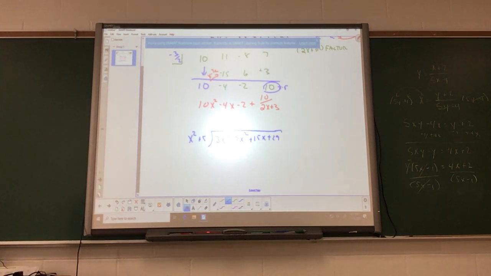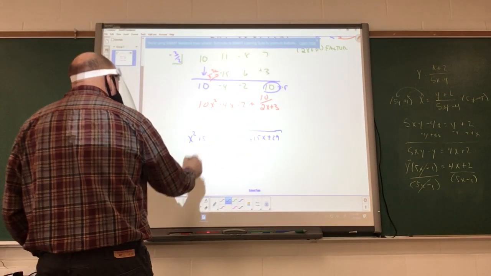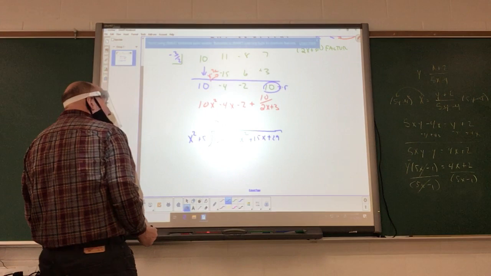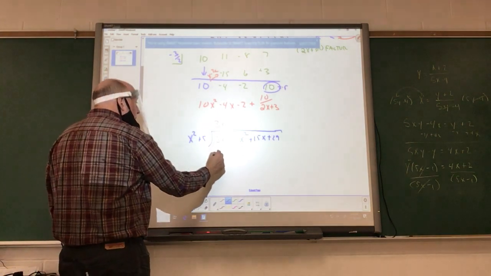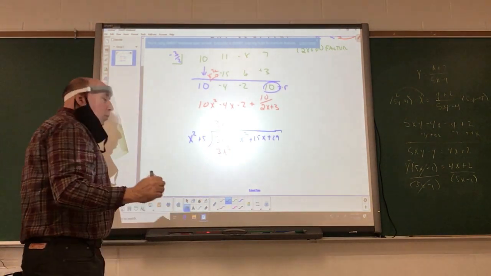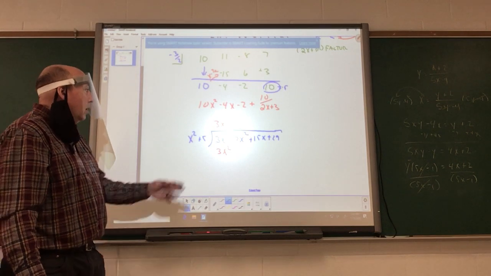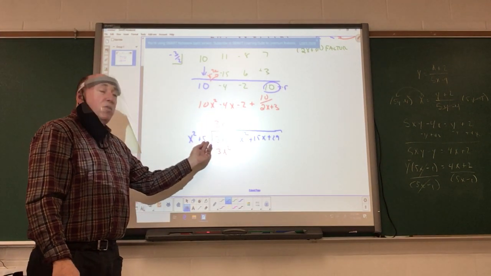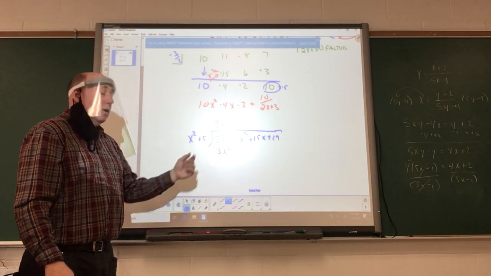How many times does x squared go into 3x cubed? Jordan, how many times does x squared go into 3x cubed? 3x times. So when I multiply, I get my 3x cubed, but this is where you have to watch out. I got 3x times 5.